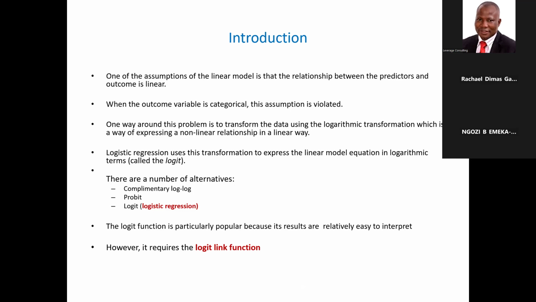Logistic regression uses this transformation to express the linear model equation in logarithmic terms called logit. The logit function is particularly popular because its results are relatively easy to interpret compared to probit and the complementary log function. However, it requires a logit link function.